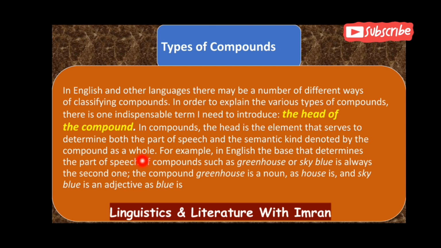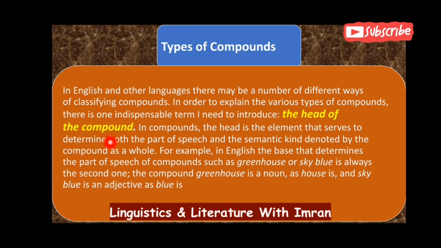So two things are there. The head of the compound determines two things. One, it identifies which part of speech this word belongs to. And second, as a whole, it gives meaning, right? Like a compound consists of two words, like we have sky blue.